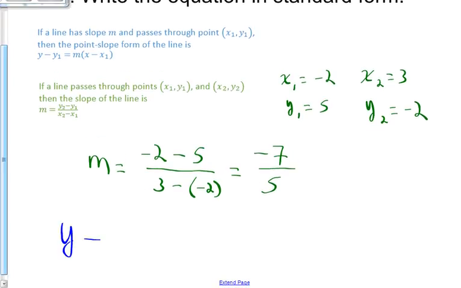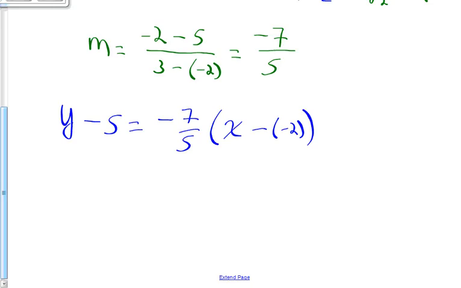Y minus y1, we said y1 was 5, is equal to m, which we just found out was negative 7 over 5, times x minus x1, and x1 is negative 2. So we'll get this: y minus 5 is equal to negative 7 over 5 times x plus 2.